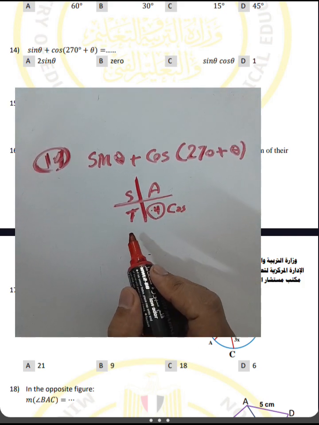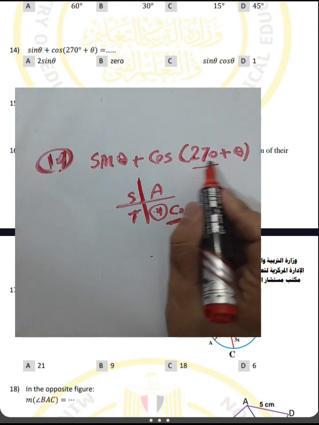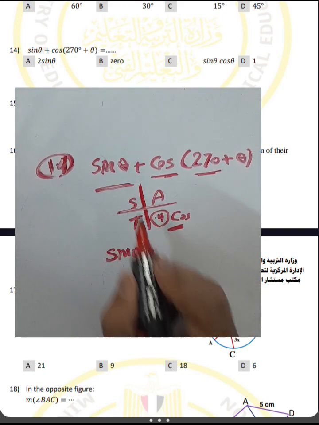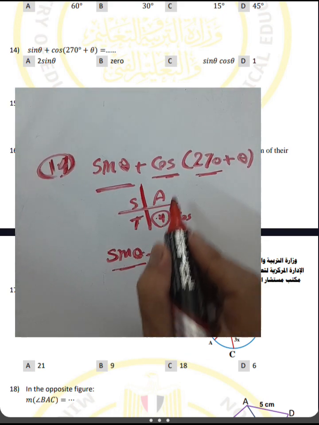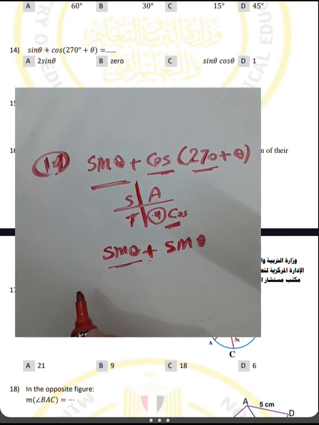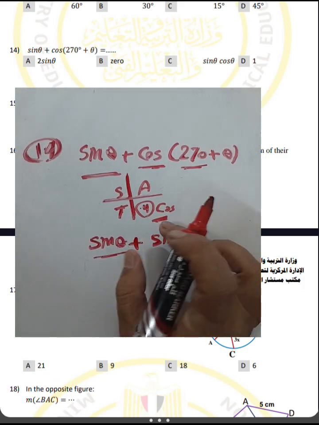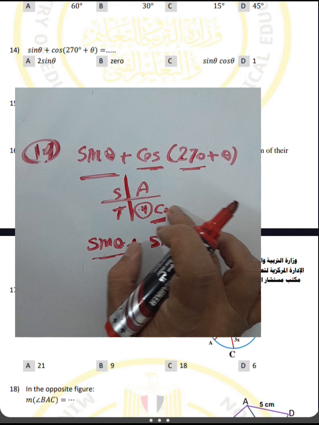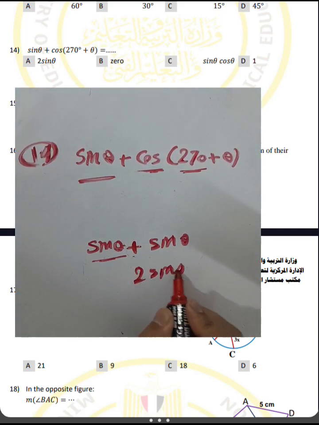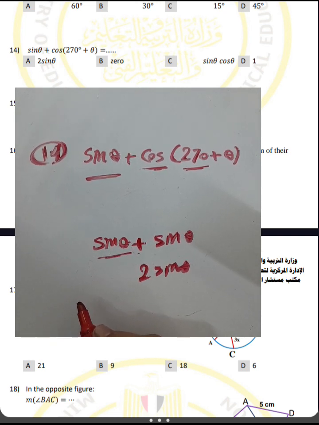Cosine is positive here, and 270 changes cosine to sine, so the result will be sine theta plus sine theta, because 270 changes cosine to sine, and the angle is positive in the fourth quadrant. Then the result will be 2 sine theta. Choose letter A for question 14.